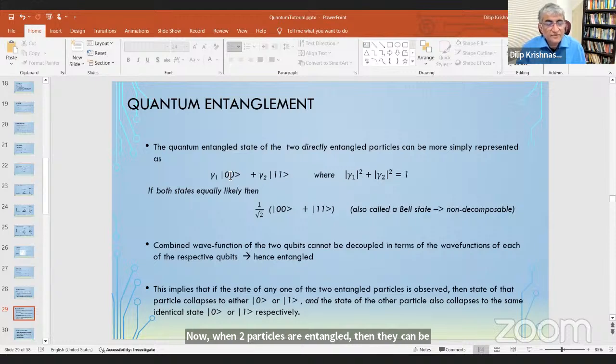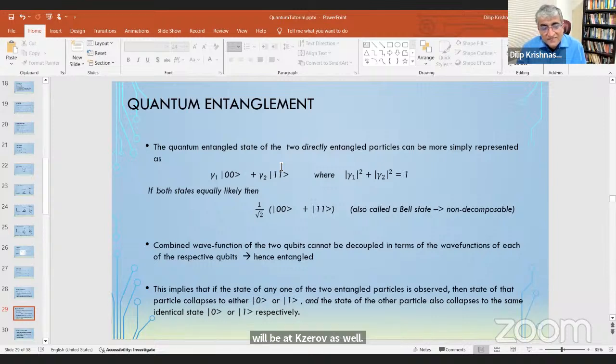That is, if one particle is at ket 0, the other one will also be ket 0, or if one is at ket 1, the other one will also be ket 1. So if you observe one to be ket 0, the other one will be ket 0 as well, if they're directly entangled. If they're inversely entangled, then if you observe one to be ket 0, the other one will be ket 1. So if one is spin up, the other is spin down.